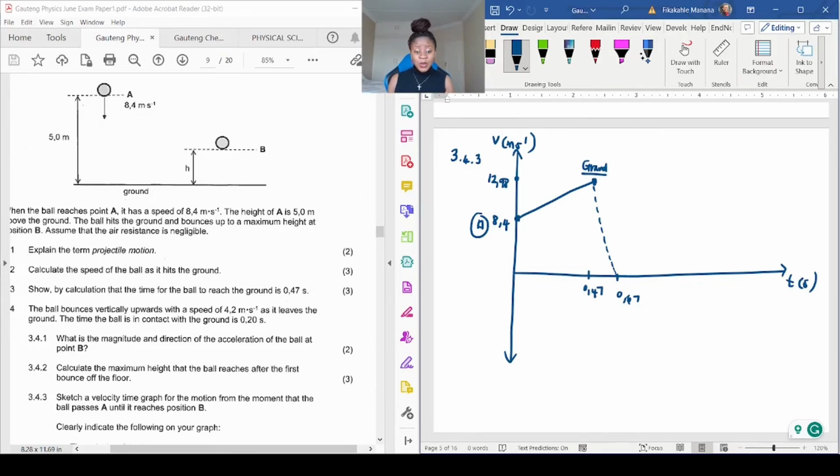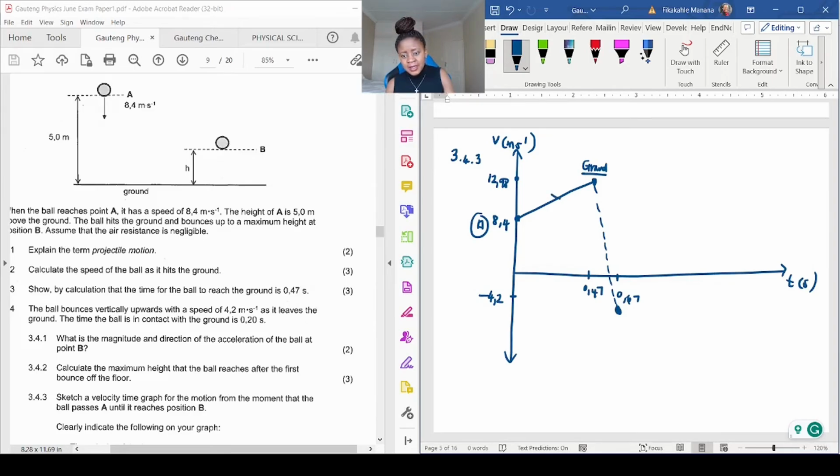And then it went upwards with a speed of 4.2, so now we are here at negative 4.2, because downwards for us is positive. So our dotted line is like that. This thing went up and reached 0 at its maximum height, which is at B.